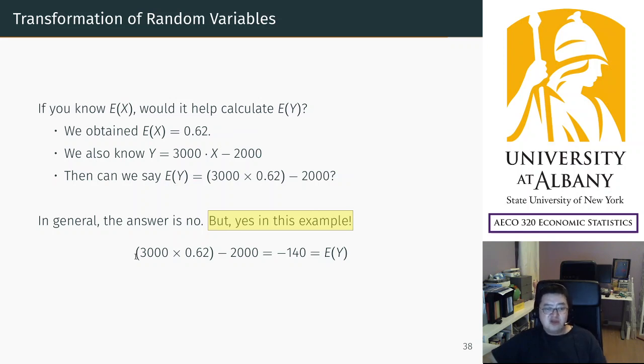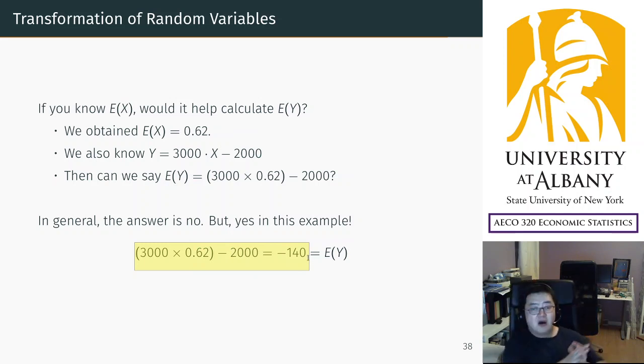So if you knew this formula, then you did not need to calculate the probability table for y. You do not need to calculate the weighted outcomes for y. So it could save you a lot of algebra, but you have to be careful.